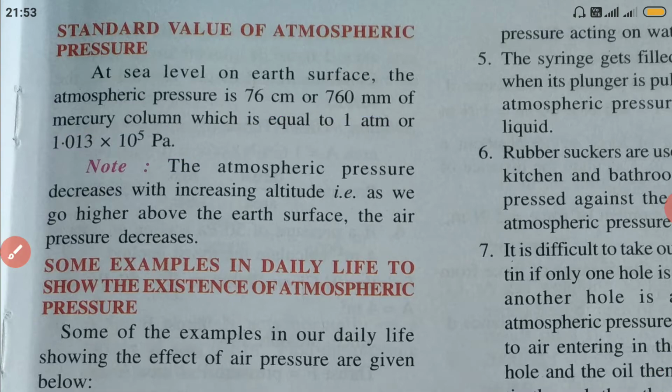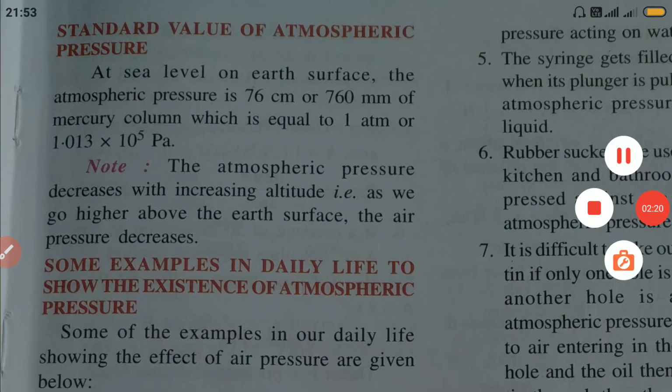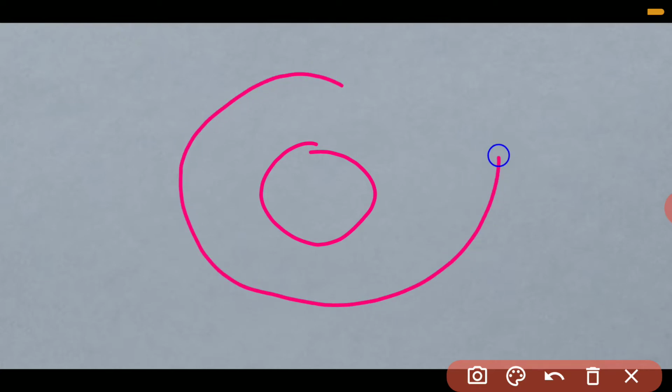Note the atmospheric pressure decreases with increasing altitude. That is, as we go higher above the earth's surface, the air pressure decreases. Let me explain this. Like last time, I am trying to draw the earth, this time in pink, last time it was black.